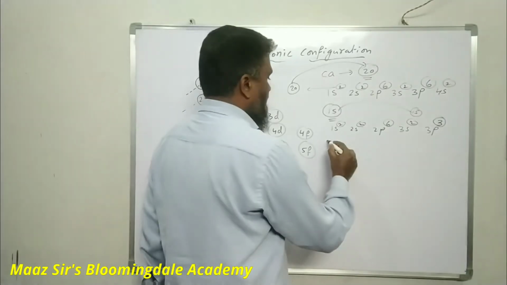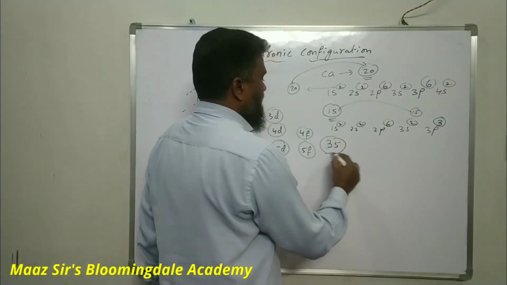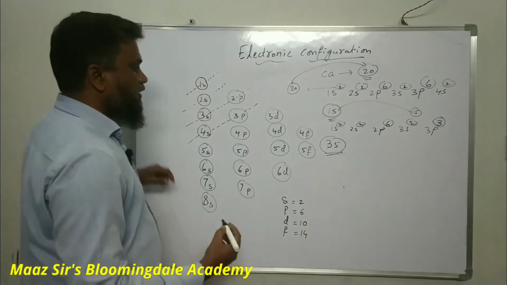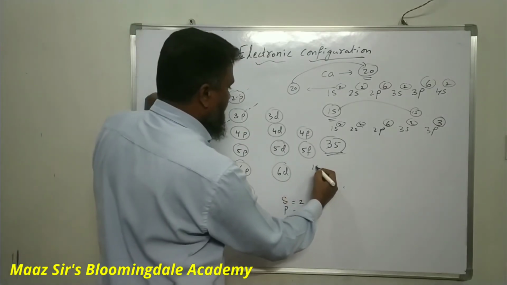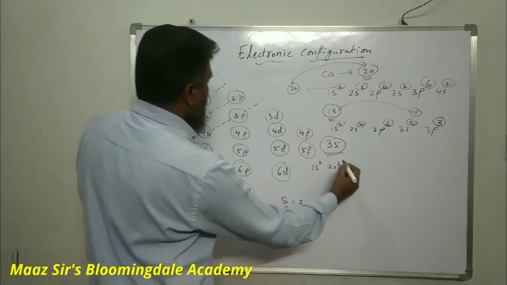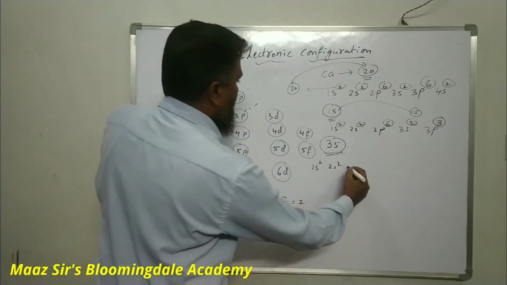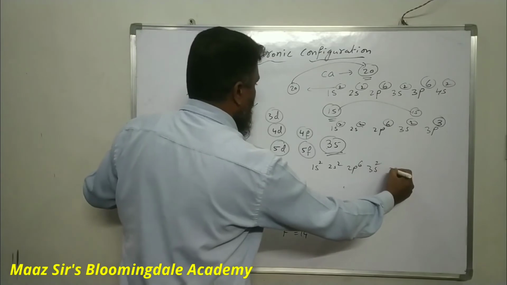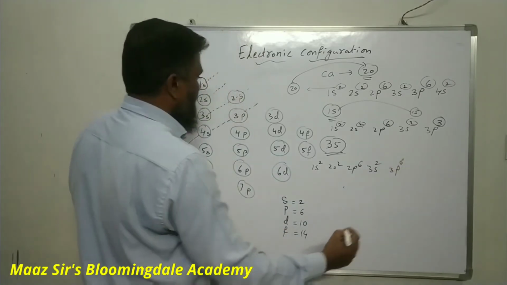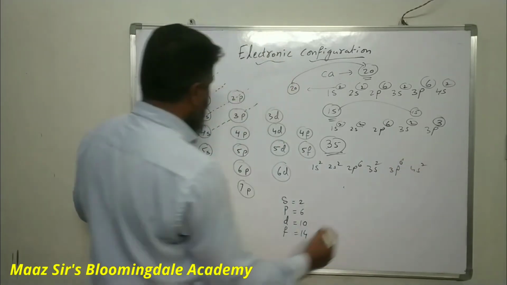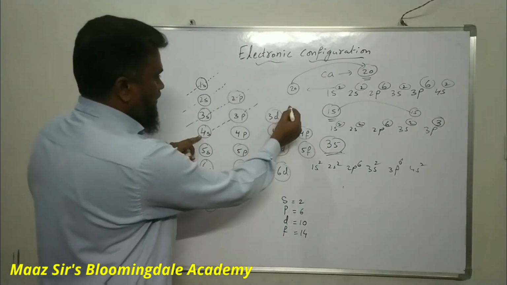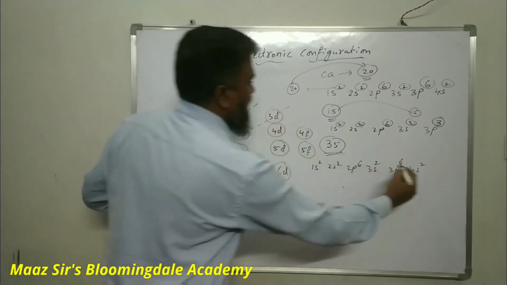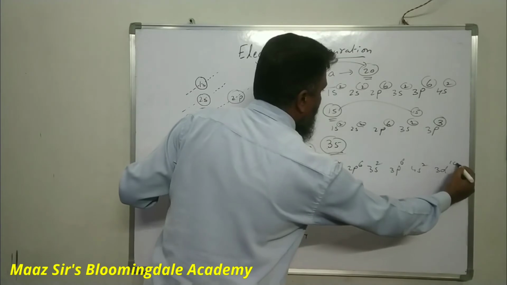Okay, let us see for atomic number 35, how to write the electronic configuration. 1s2, 2s2, 2p6, 3s2, 3p6, 4s2, after 4s, 3d10.